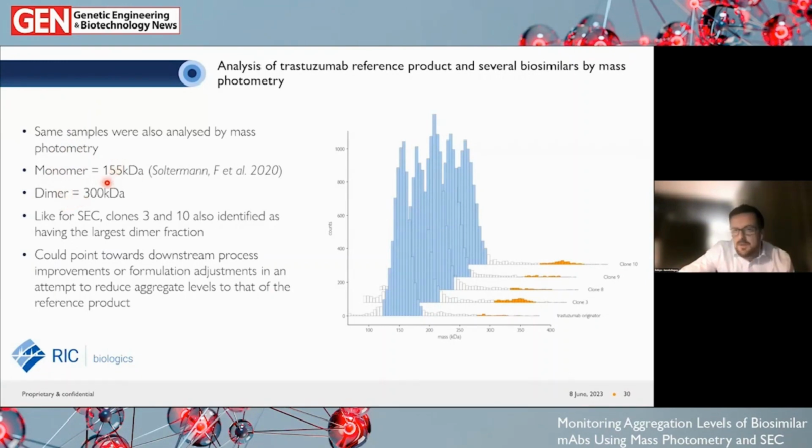So in this case, it's 155 kilodaltons for the monomer, which is in agreement with a previous study performed by a group at the University of Oxford, where they used mass photometry to look at Herceptin and the interactions of Herceptin with its antigen. The mass of the monomer that they reported was very similar to this. So like for SEC, clones 3 and 10 were also identified as having the largest dimer fraction.